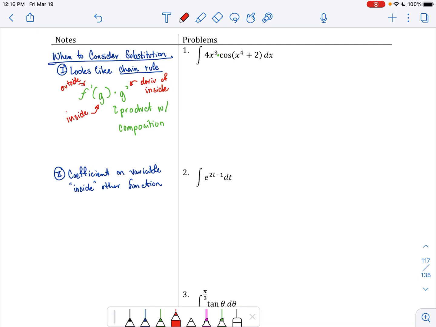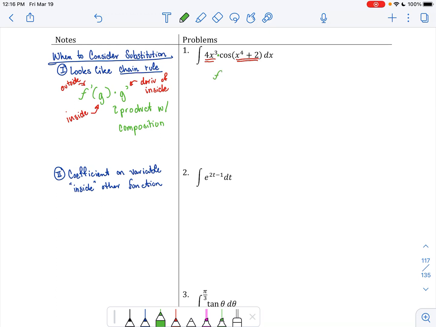If we look here, the inside function would be x to the 4th plus 2. Cosine would then be the outside function, and here is the derivative of that inside function.